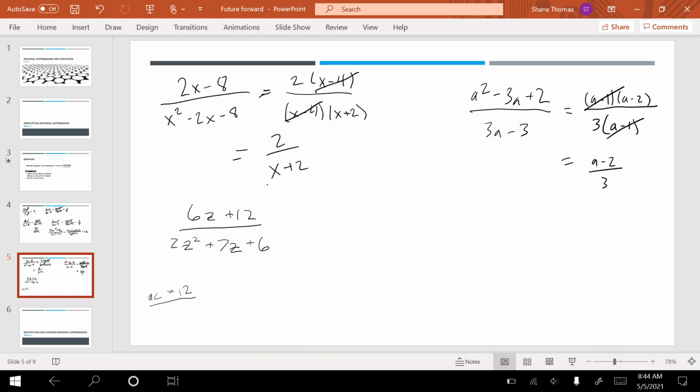We need two factors of 12, the two multiples that multiply to 12 and add to 7, right? So we got 1 and 12, 2 and 6, 3 and 4. This one here is going to be our winner, isn't it?